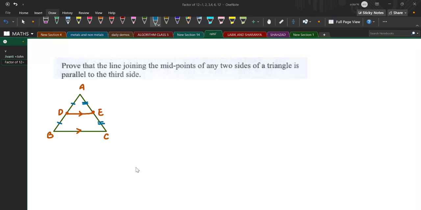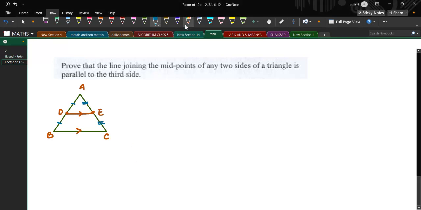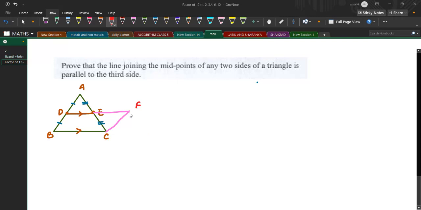Then after that, there is a construction which we need to do here. Okay, so let's see what the construction is. We will draw here and here. Now we will do a small construction.